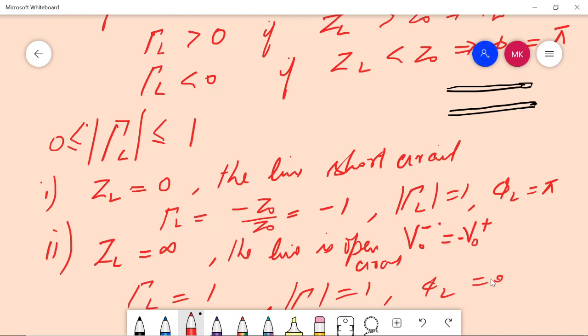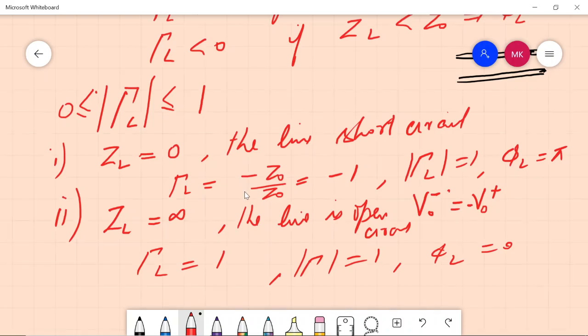The voltage will be reflected back. Whenever you have an open circuit or short circuit, the whole wave will be reflected back. The magnitude will remain the same. In one case the phase will be reversed, in the other case the phase will remain the same.